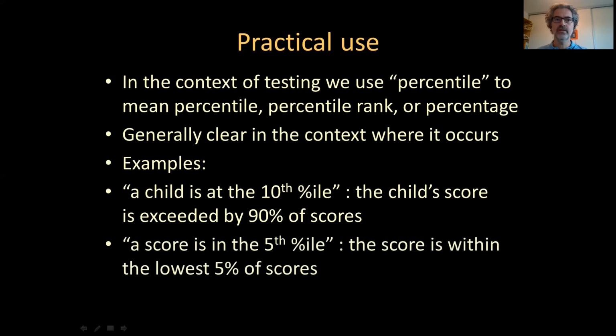You may also hear something like a score is in the 5th percentile. When we use an expression like this, we actually refer to a proportion of data. So this would mean that the score we're talking about is within the lowest 5%. It could be lower than the 50th percentile, or it could be at the 5th percentile, but it's within the lowest 5% when we say it's in the 5th percentile.